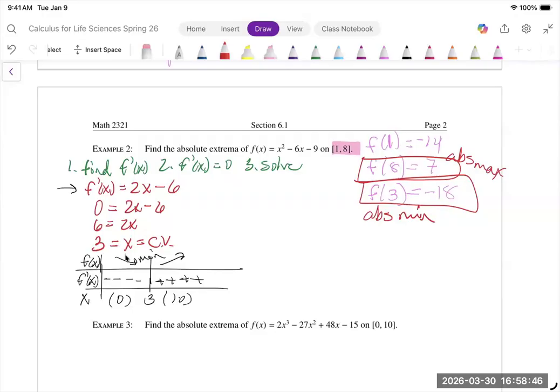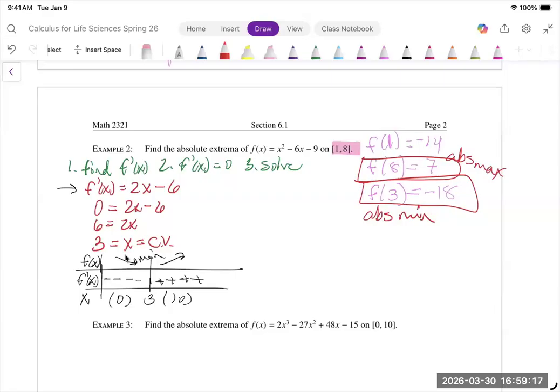All you really need is to check f of 0, f of 1, f of 8, and f of 10, because then basically the outputs will tell you how high or how low you are. So you don't have to do the sign chart. I'm going to do a little bit of, not cheating, but I'm going to throw it into my calculator just so we can move this boat along.